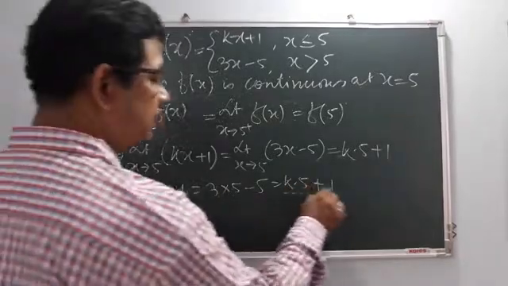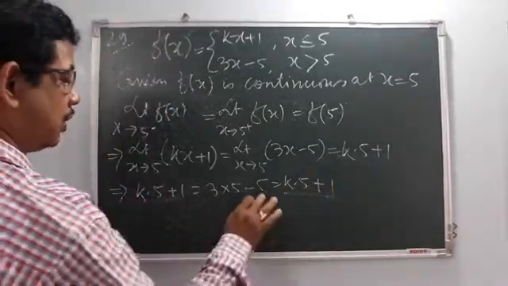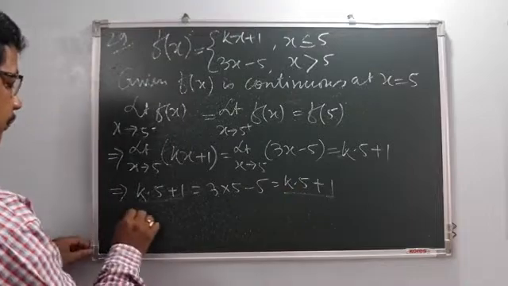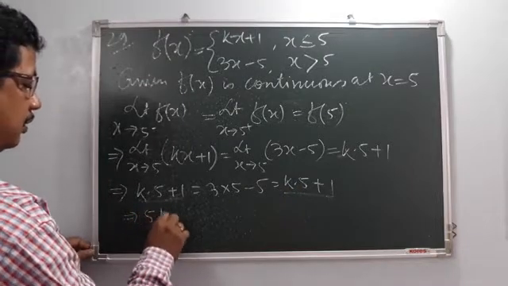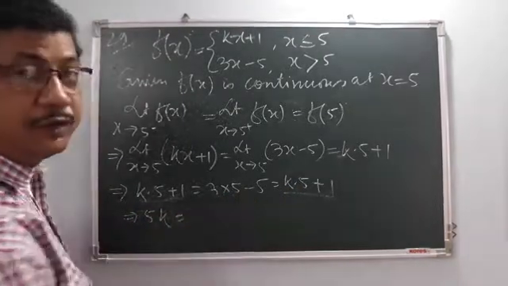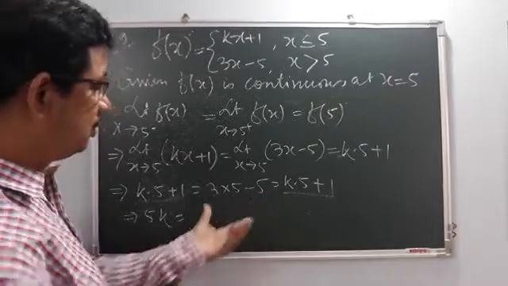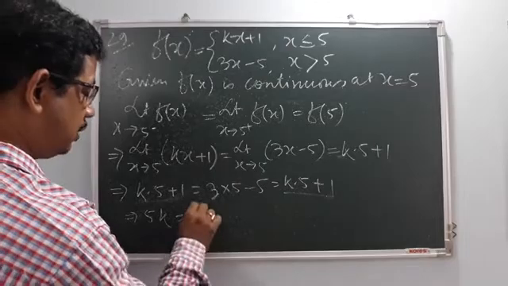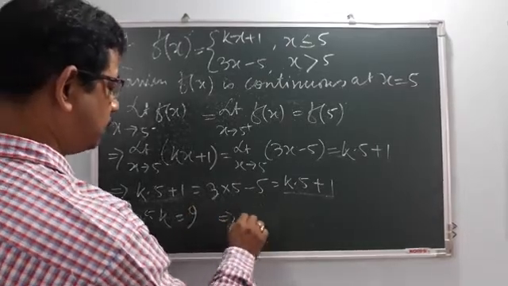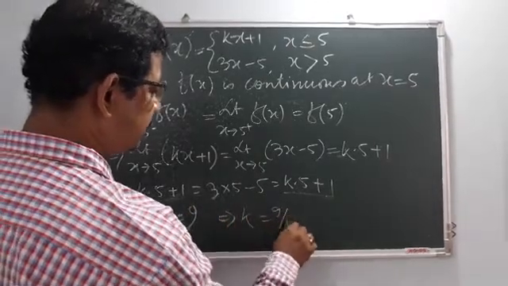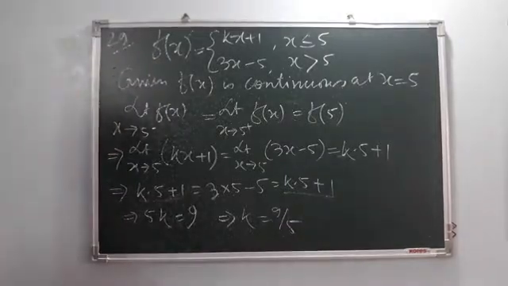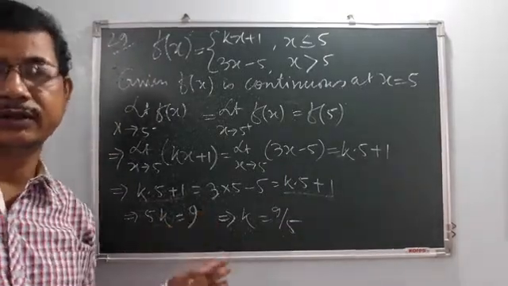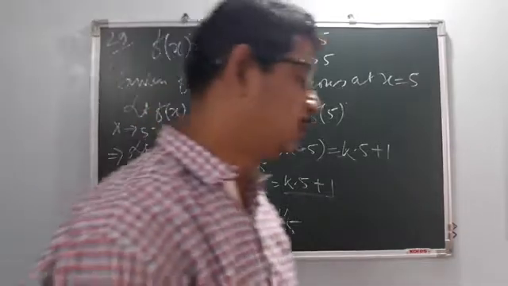This term is repeated twice, so no need to write it two times because the equal sign is there. Now 5k plus 1 is equal to 3 fives are 15, minus 5, that is 10. The 1 goes to this side, it is 9. So what is k here? It is 9 by 5. So students, you see that this is the technique of doing question number 29.